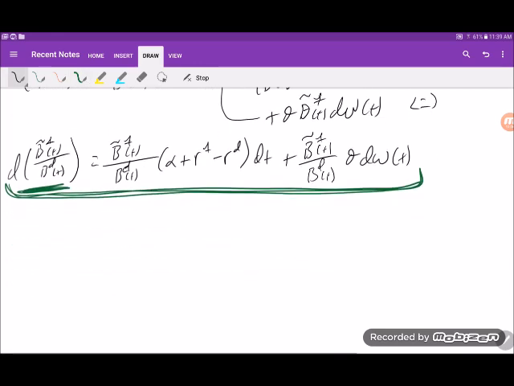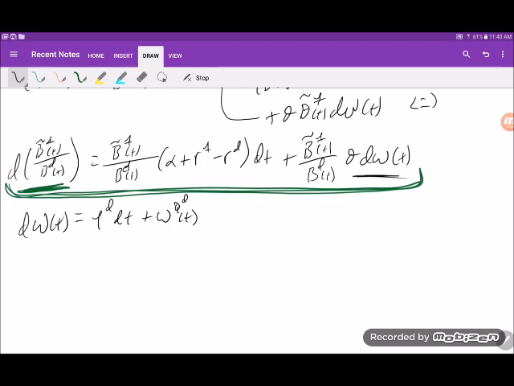So now we're going to invoke the Girsanov theorem. Now the Girsanov theorem is obviously a whole complex topic, but we're just going to use the very important result that we can say that the differential of this Wiener process can be rewritten as some phi d, I'm denoting it subscript d, dt plus dW q d t.